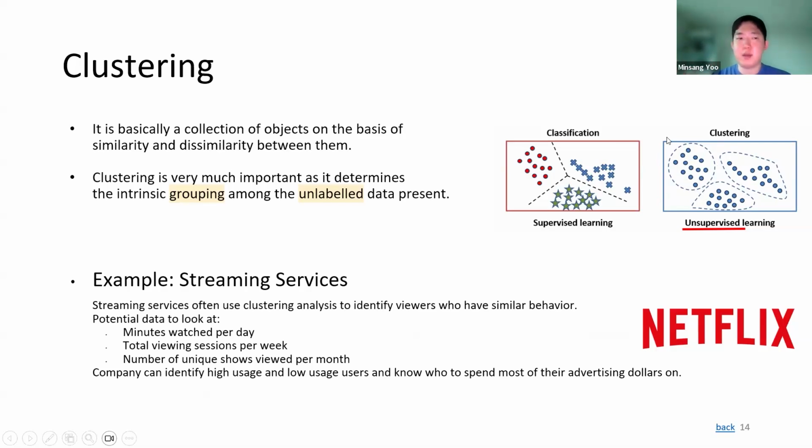It really depends on the data, and then we group them so we can have a grasp of which data points are similar and which are not similar to each other. Clustering is very important as it determines the intrinsic grouping among the unlabeled data present.